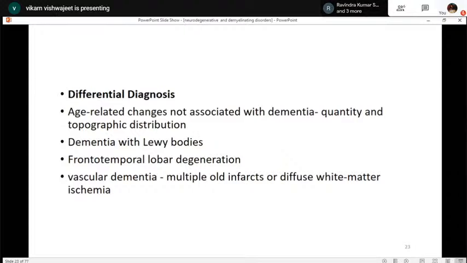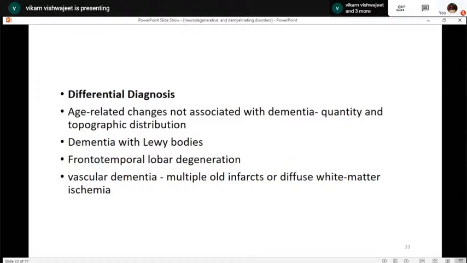And the distribution and quantity is very important for differentiating it from Alzheimer's disease. In Alzheimer's, the quantity is more, and there is severe involvement of cortical areas. Then it can be confused with dementia with Lewy bodies and frontotemporal lobar degeneration. So this we will discuss further.